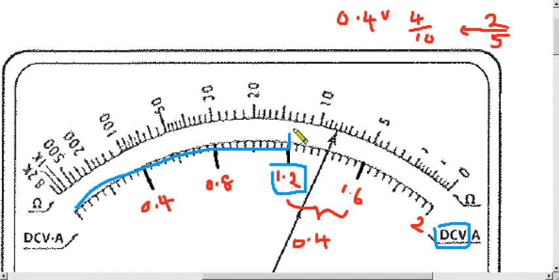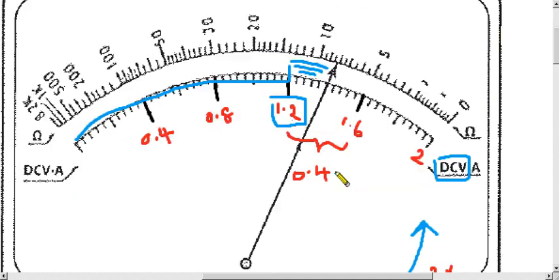Now how do you get the reading of this amount? See, the needle is at the center of this total part. 1, 2, 3, 4, 5. Here also 1, 2, 3, 4, 5. The needle is exactly at the middle of this part. So totally this part is 0.4 volt. Then how much is this half? 0.2 volt.